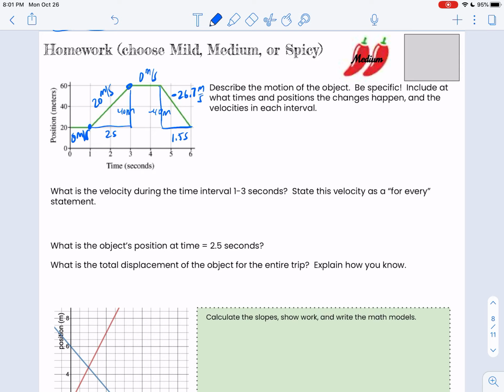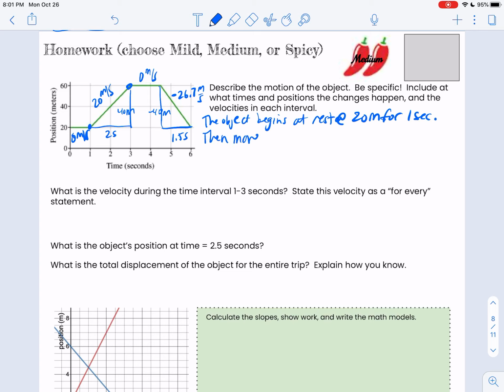So then I would say the object begins at rest. Sometimes we say that at rest or not moving. We don't really know. Oh, actually we do. Begins at rest at 20 meters. Then moves, hold on, I should add the time, for 1 second.